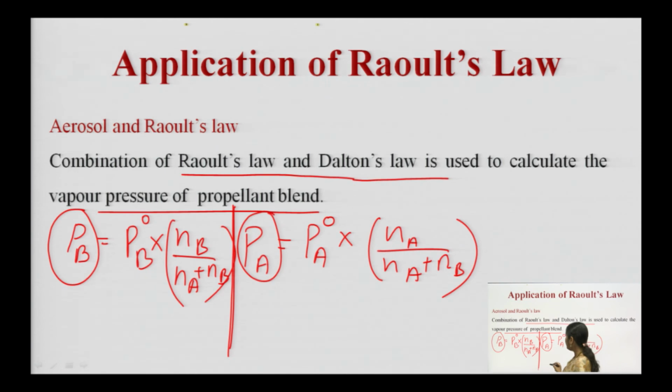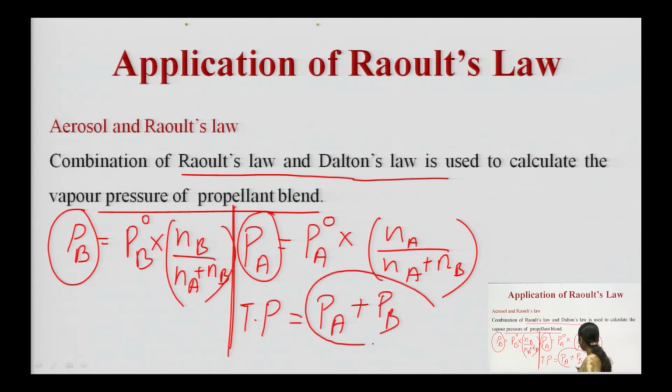And by using Dalton's law, we can say that the total vapor pressure will be equal to the partial pressure of A, pure component, plus the partial pressure of B. So, this will be the pressure of the propellant blend.